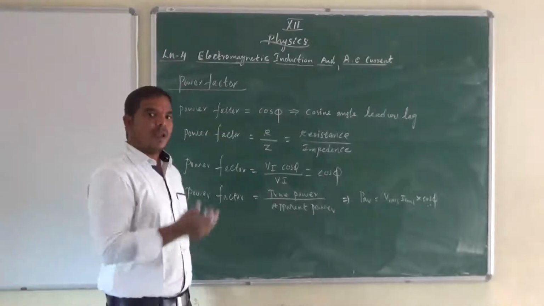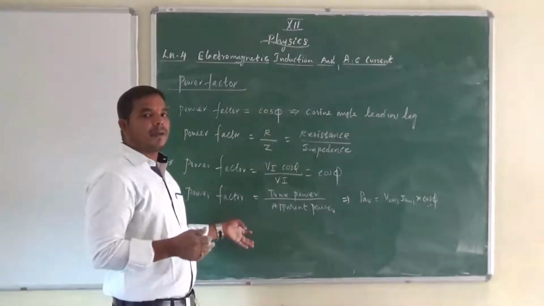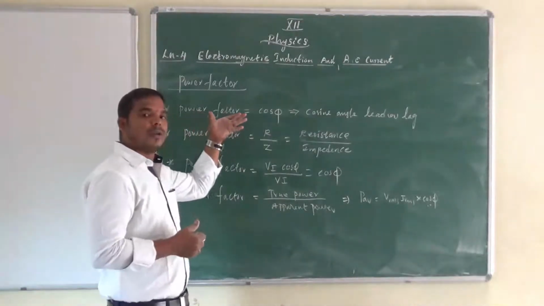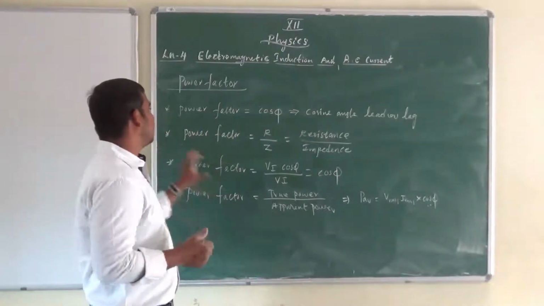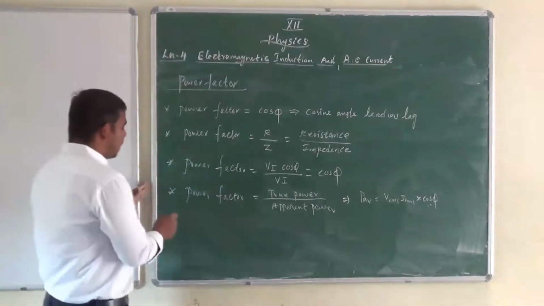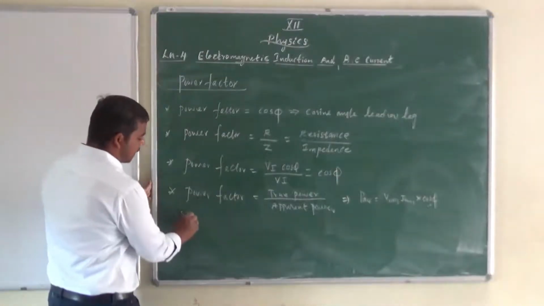We apply the value and get the answer. Next class we will see the problems, so don't worry. First you have to read these things. Power factor can be written in many ways. This is to be applied in the following circuits, which we can represent as special cases.